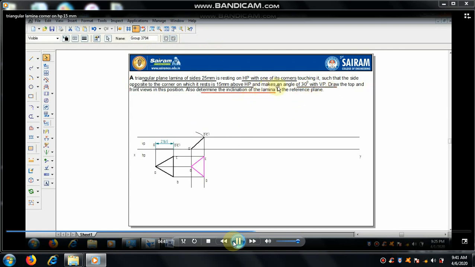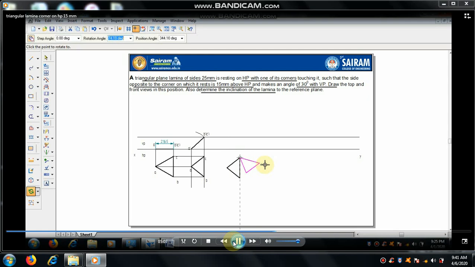Now the next condition is that the opposite edge, opposed to the resting corner, makes an angle of 30° with VP. So we have to move this and rotate the edge which is opposite to the resting corner.